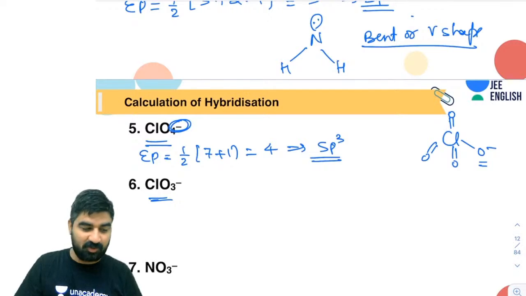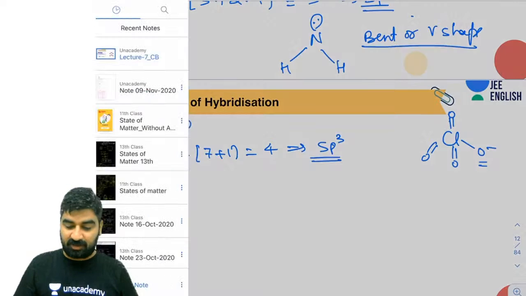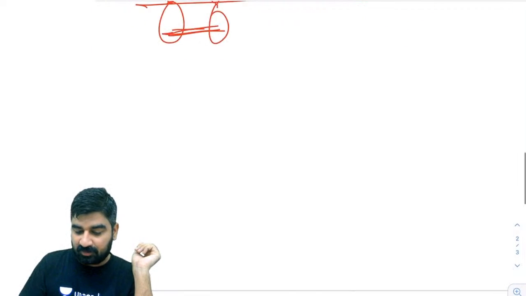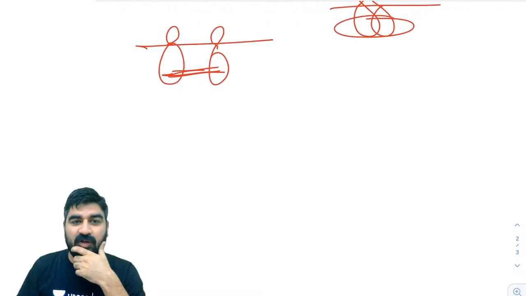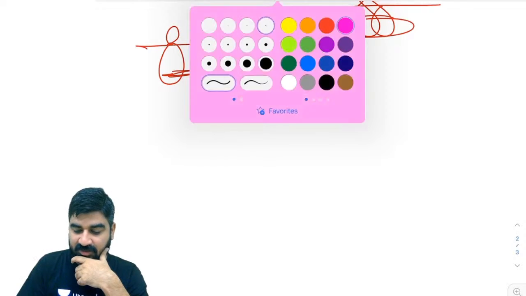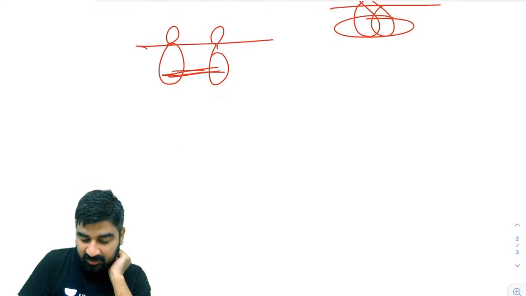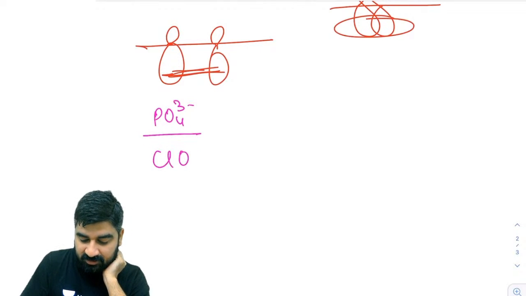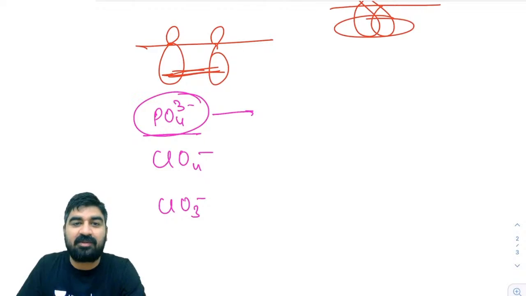Okay, now let me tell you guys, because there are many students who often face issues with this particular thing. So how can you do it? Now I will tell you. Suppose I'm writing PO4 3 minus. Right, how will you draw their structures? So in this case, we have 3 minus.